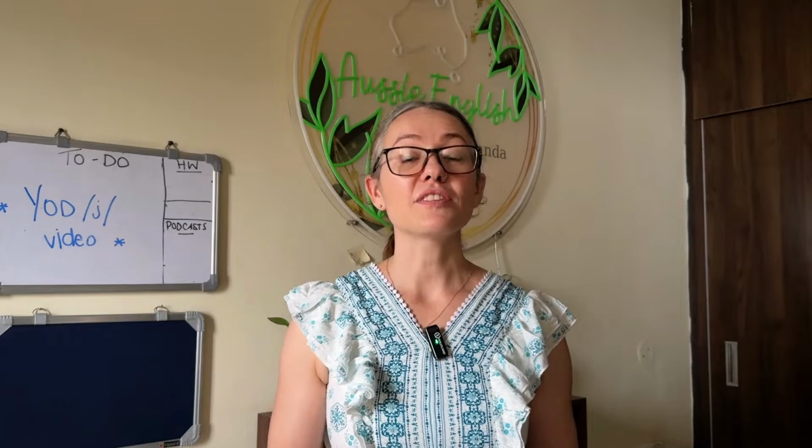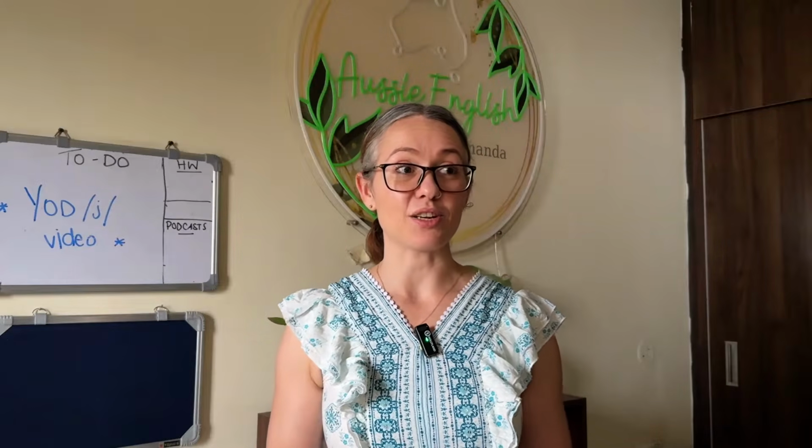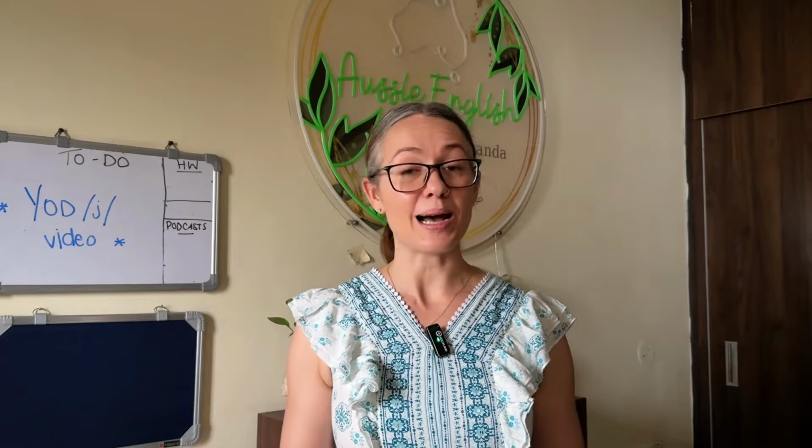So in words like due, new, and tune, Australians often insert this y sound after certain consonant sounds. So new becomes nyoo. Do, as in due date, becomes dyoo, and tune, as in cartoon or music tune, becomes tyoon.